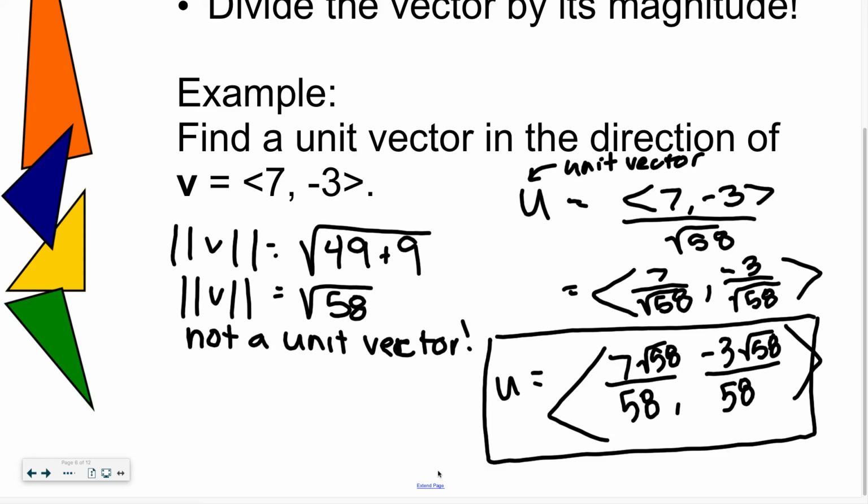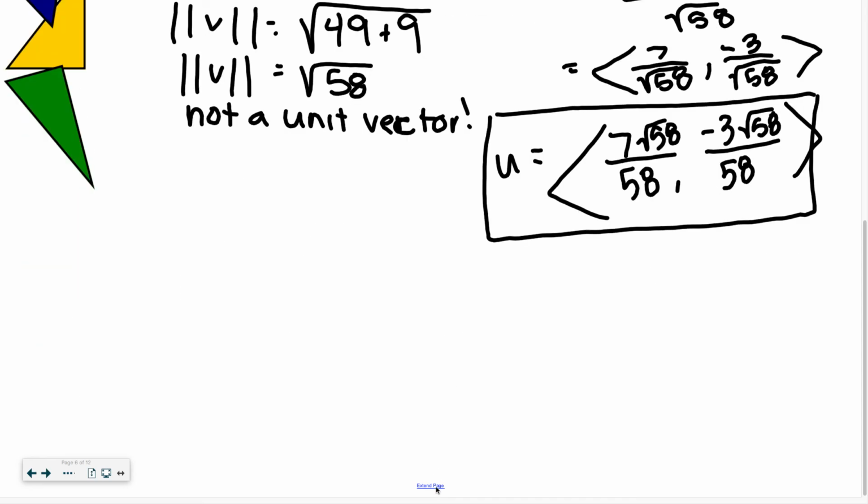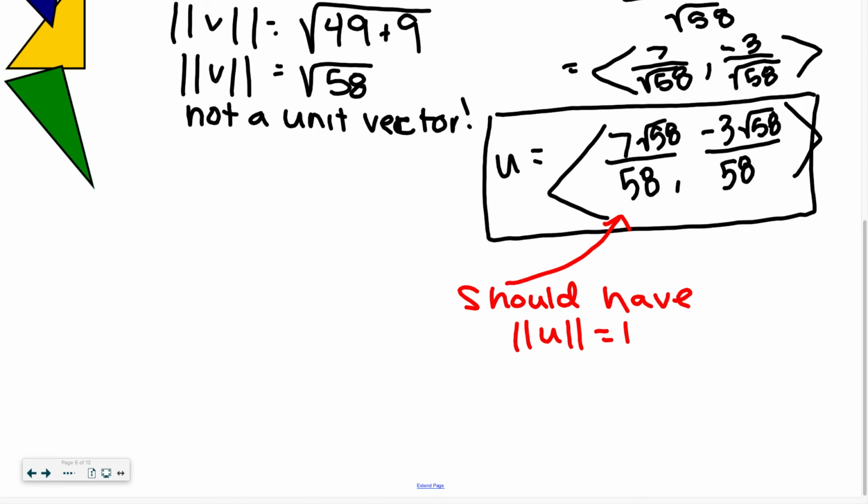Okay, so what should be true about that vector? Its magnitude is 1. Should have magnitude u equal to 1. If you want, you could go through the work and do u sub 1 squared plus u sub 2 squared and then square root it. I will tell you, it is in fact 1. So we have scaled it down to the correct length.